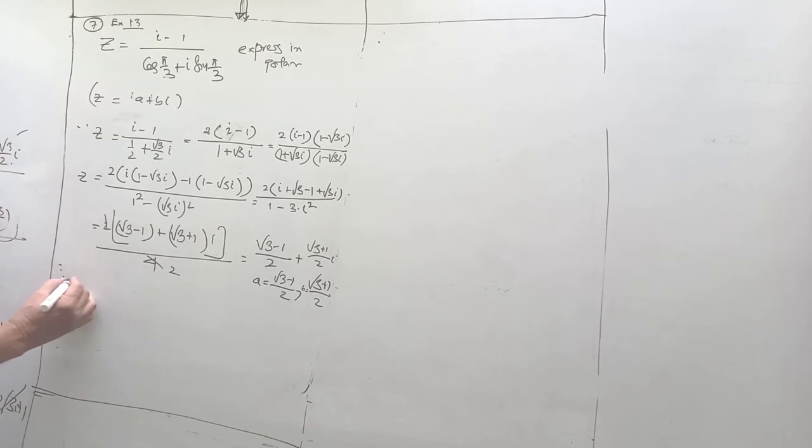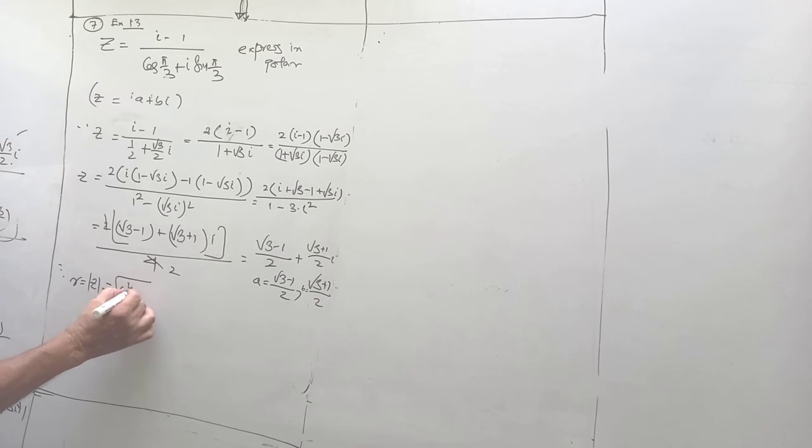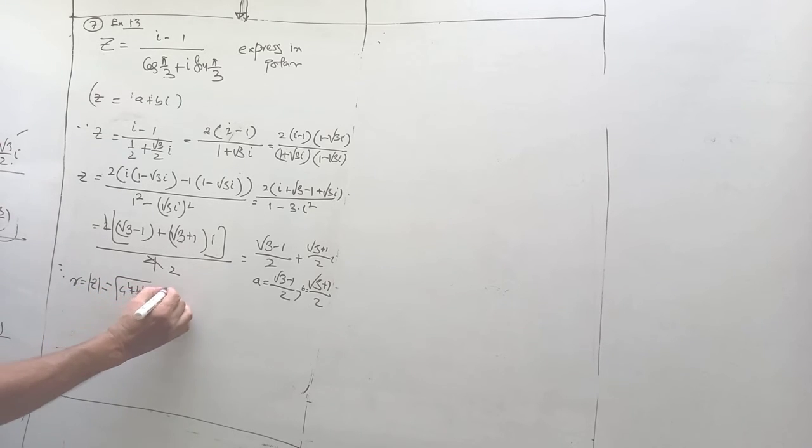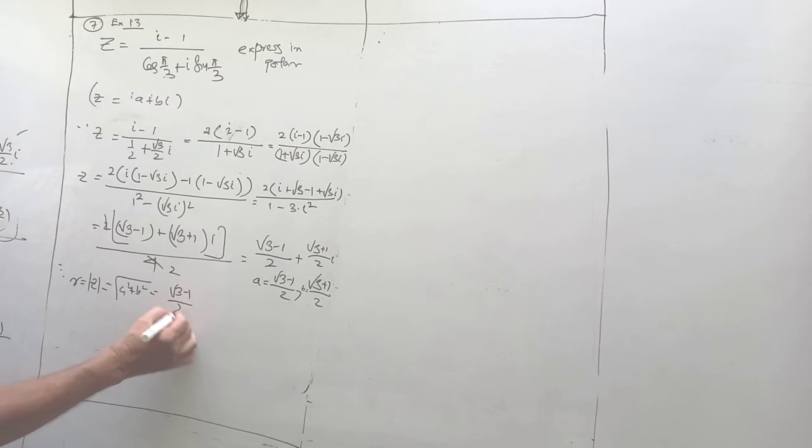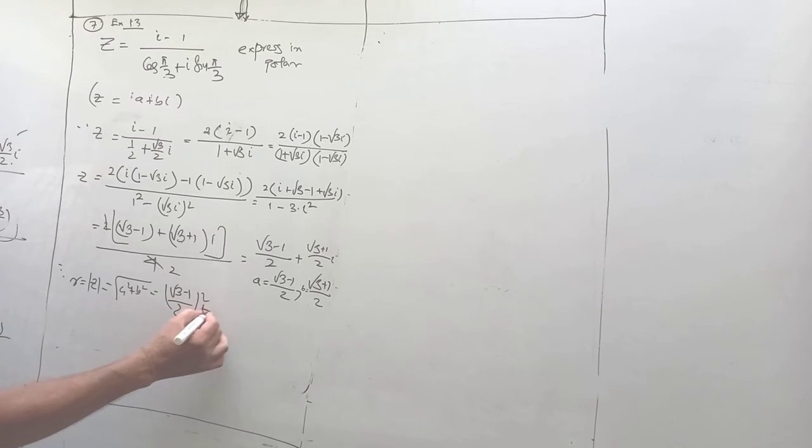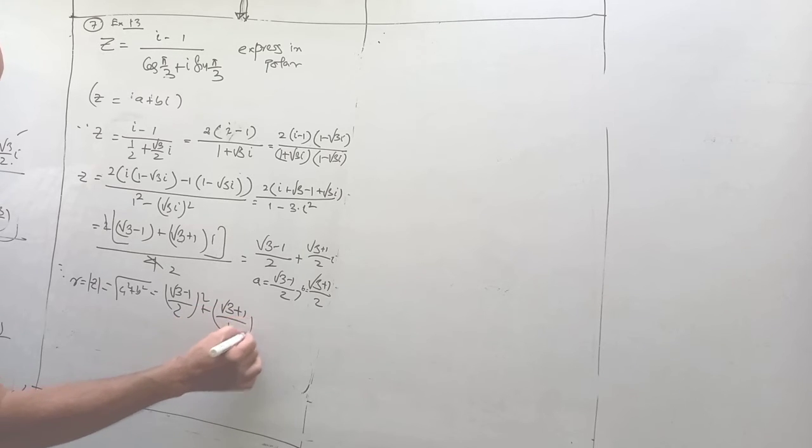Next you write r equal to mod z equal to root over a square plus b square, equal to root of root 3 minus 1 by 2 the whole square plus root 3 plus 1 by 2 the whole square.